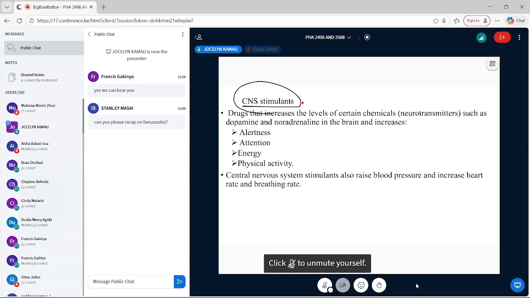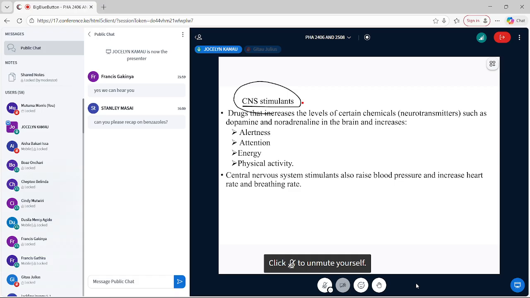Drugs that increase noradrenaline in the brain. Remember the catecholamines, these neurotransmitters: when their levels increase, noradrenaline, dopamine, there's an increase in alertness, in attention, in energy, and in physical activity.